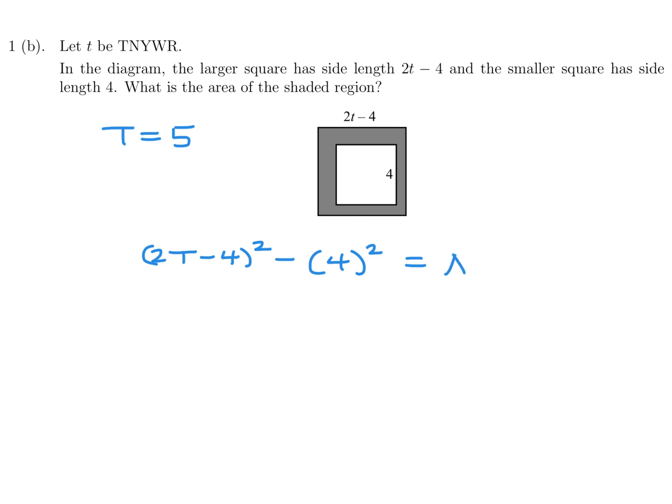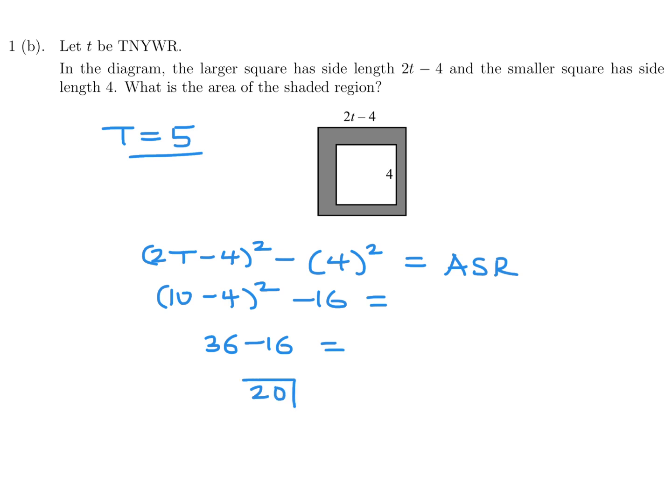So area of shaded region, ASR, or whatever you want to call it. And that's it. So we know t is 5, so this is going to be 10 minus 4 squared minus 16. 10 minus 4 is 6. 6 squared is 36. And therefore that's 20. So 20 is the area of the shaded region.